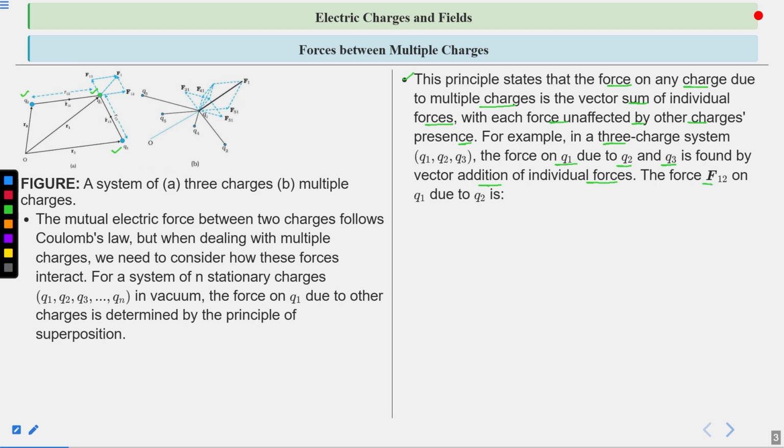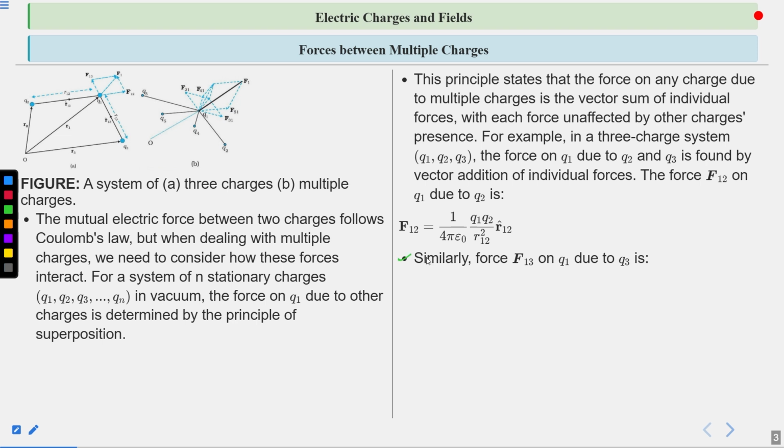F12 means force on charge first due to charge second. So the force on Q1 due to Q2 is F12 equal to 1 upon 4 pi epsilon naught Q1 Q2 divided by r square 12, times r cap 12. Here r cap is the direction of the force.